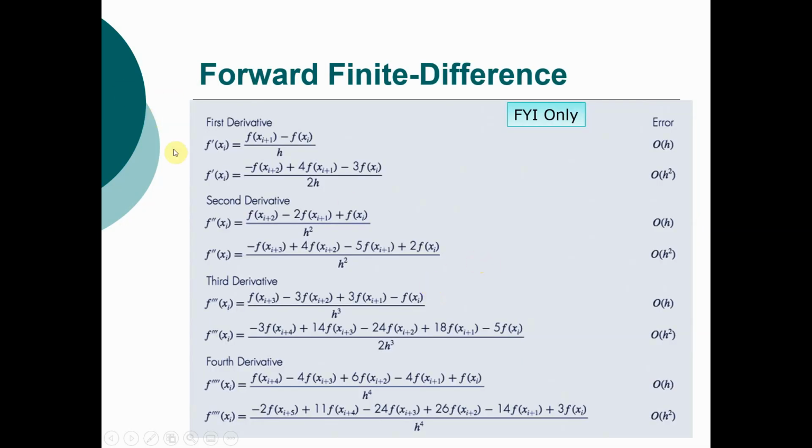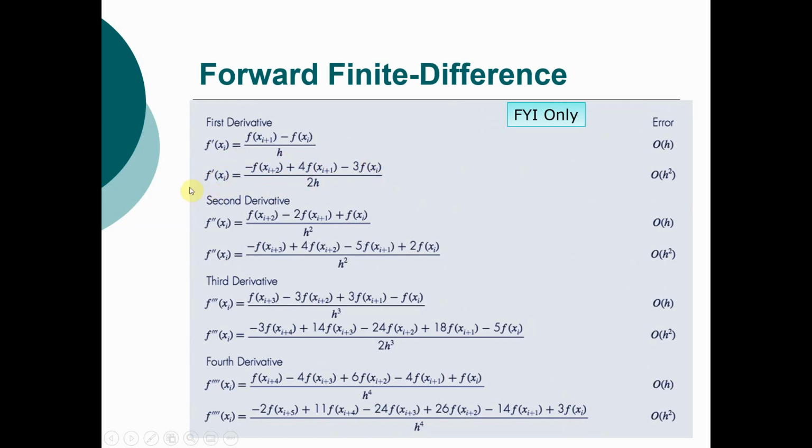There are other variations for forward difference, also the same for backward and centered difference. This is the general formula, a very simple formula that we use for forward difference. In this case, the order of error is order of h. But instead of using only 2 data points, you can use 3 data points, right? If you do that, then our formula becomes this.